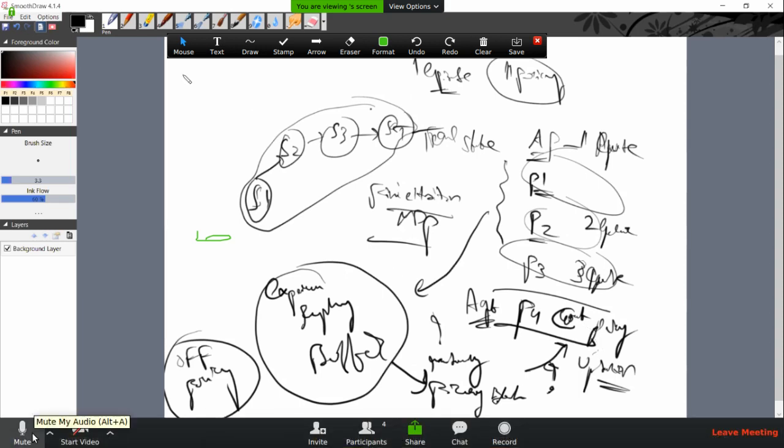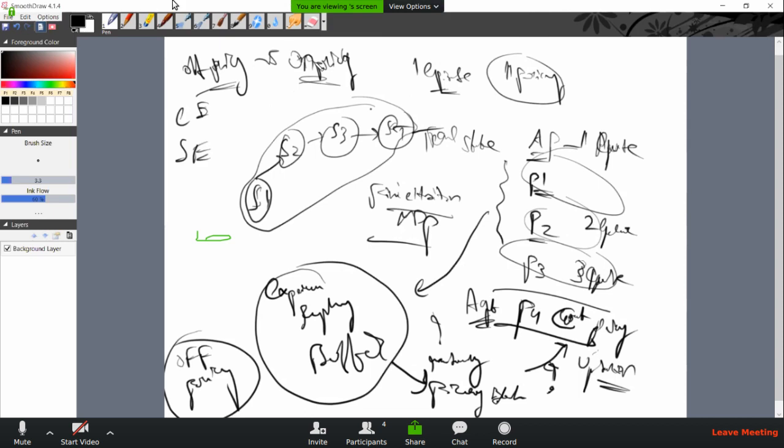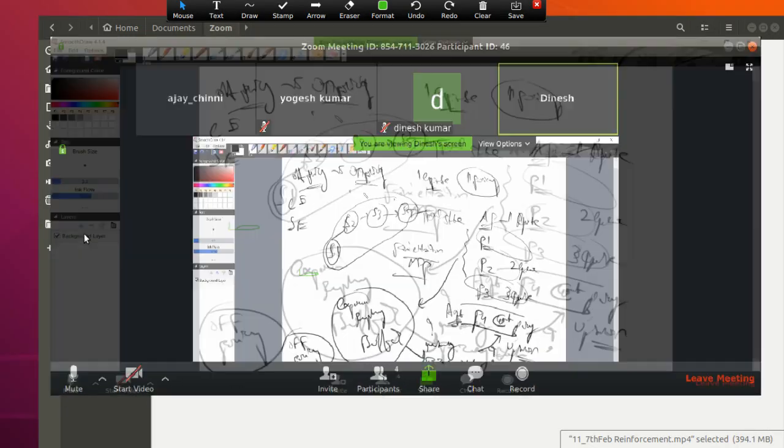Again, we will do a discussion on off policy versus on policy. Which one is better? Why are we going for this? If you see this one, it is computationally expensive, but it's sample efficient. This one is easy to execute, but sample complexity is high.